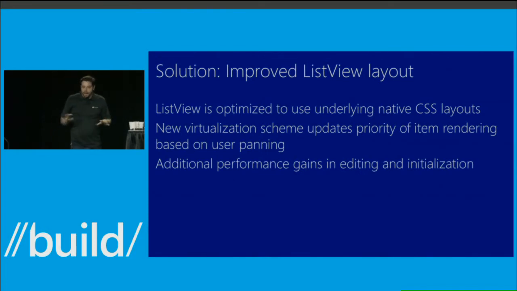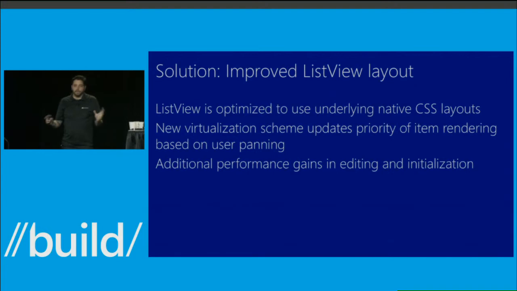We will dynamically prioritize those buffers based on your panning direction. So if you're panning this way, we're going to prioritize rendering items on this side of the buffer, and then we're going to prioritize destroying items on this side of the buffer at a lower priority, because it's really important to go render items on that side. And so we leverage the scheduler for that.